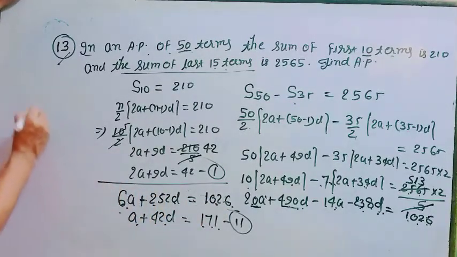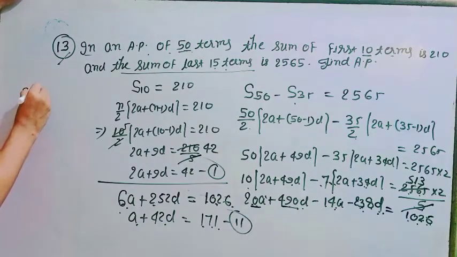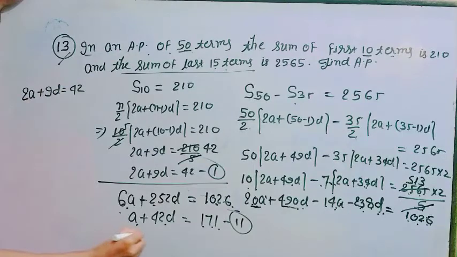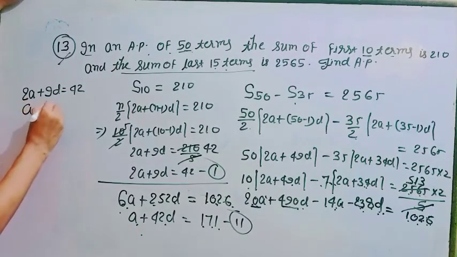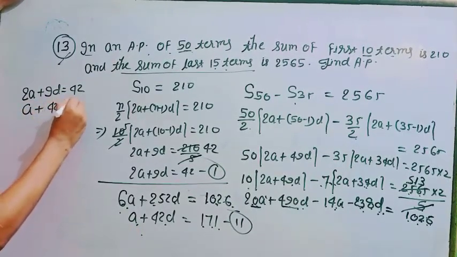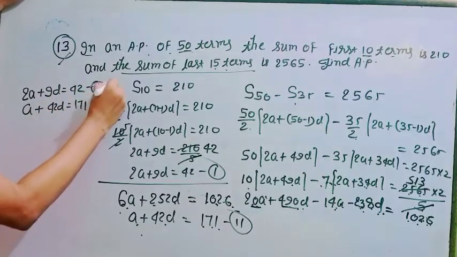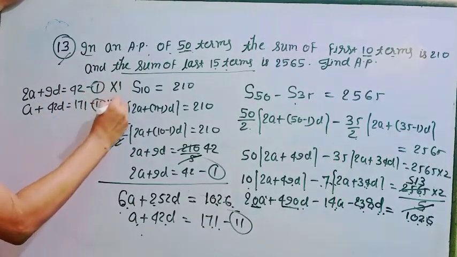So there are two equations you have. One is 2a plus 9d is equal to 42 and the second is a plus 42d is equal to 171. Here is the first equation and this is the second. You multiply the second by 2.